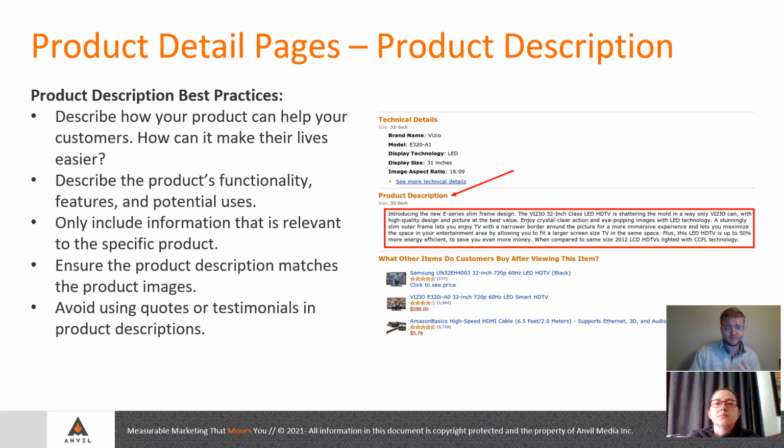Also ensure the product description matches the product images. So don't describe any features of the product that aren't necessarily being used in the product images. Also avoid any quotes or testimonials in the product description. There's better use cases for those quotes and testimonials. It really doesn't add much to your product description and its effectiveness.